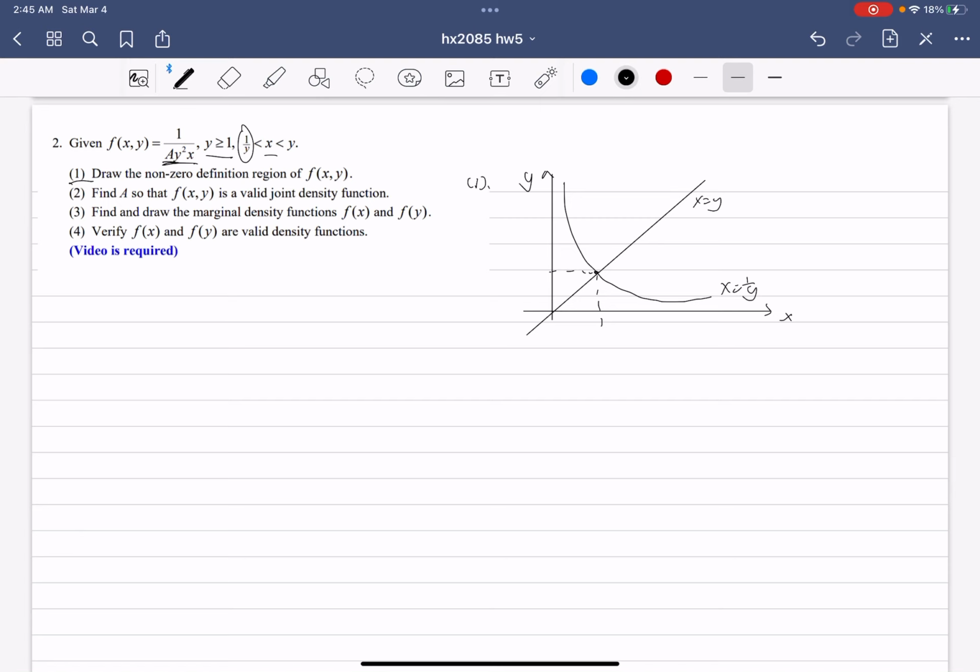Here is 1, and here y equals 1, 2. And y is greater than or equal to 1. x is between the two lines. So this is what we need.